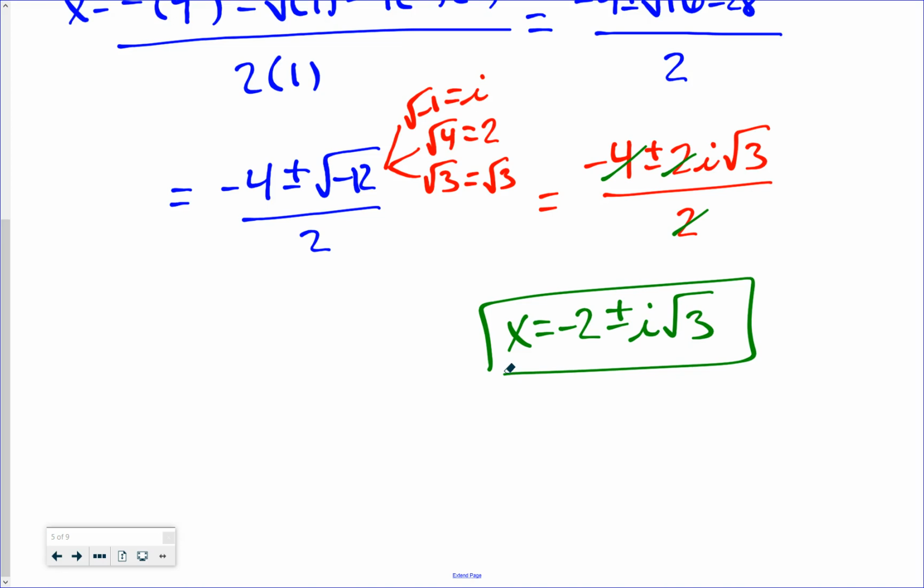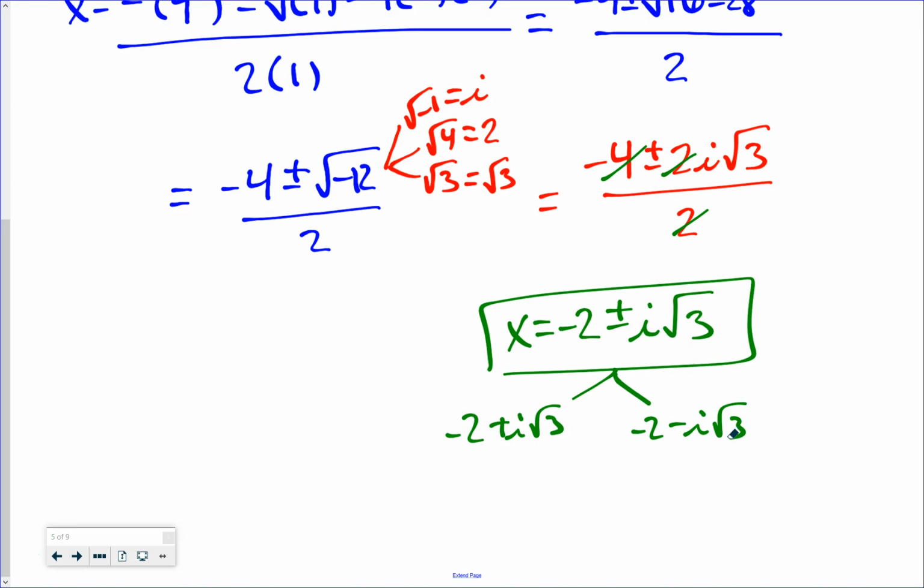They always have 2 answers. So why is that only 1? Plus or minus. Good. It is plus and minus. Technically, this is 2 answers. And you can leave it like this. I'm just showing you how it's 2 answers. That's negative 2 plus i root 3 and negative 2 minus i root 3. So those are the 2 different ones.